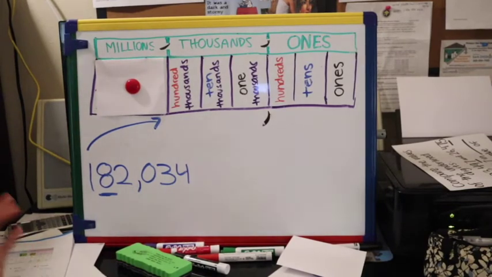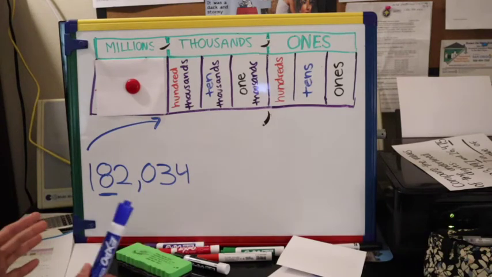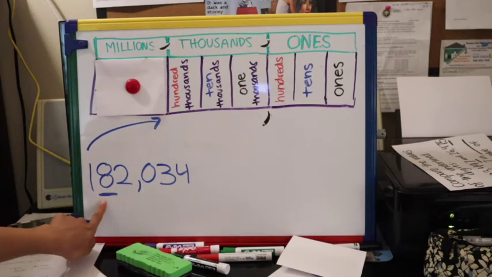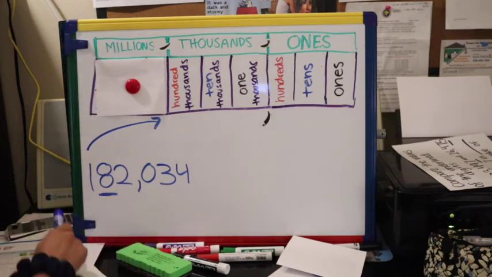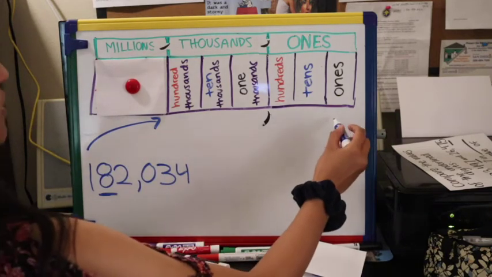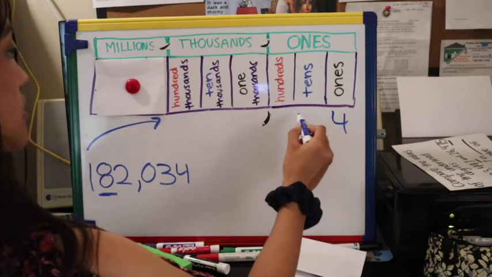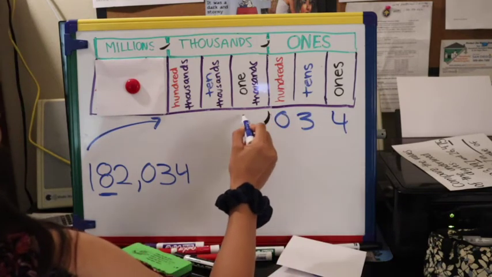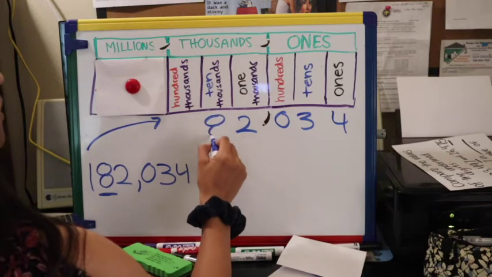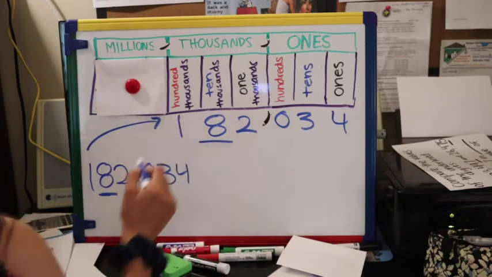Okay, let's take a look at one more example. 182,034. I just want to know the value of 8 in this number. So I'm going to plug it in to my place value chart. 4, 3, 0, 2, 8, 1.